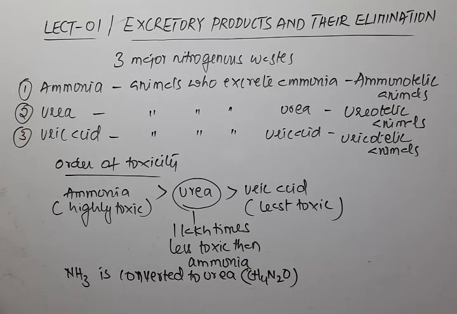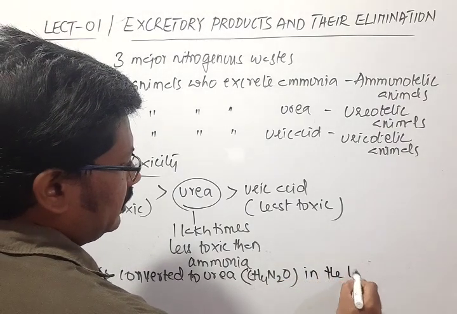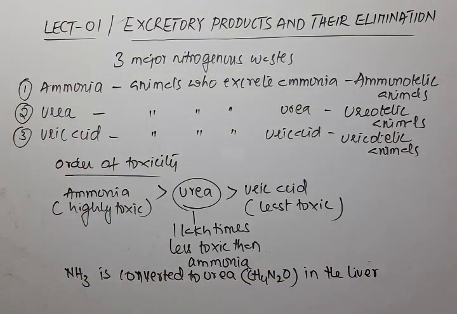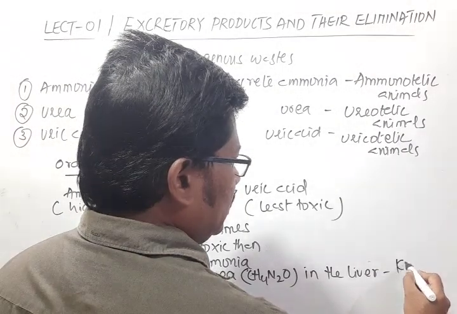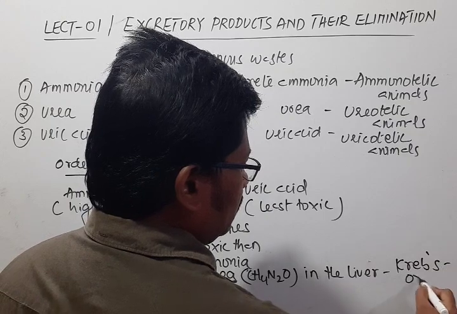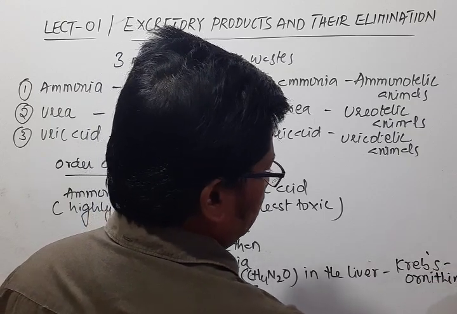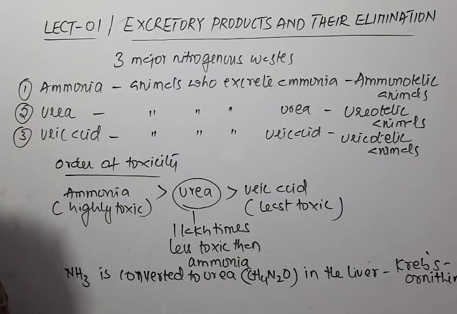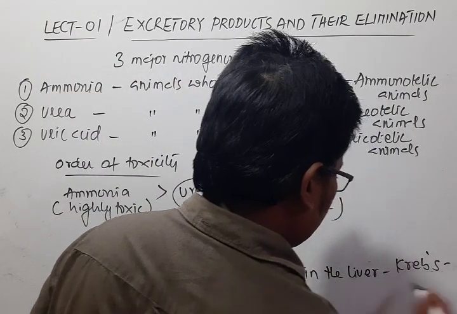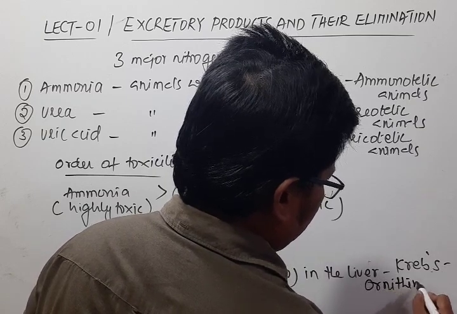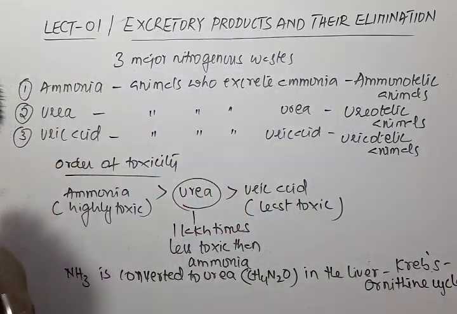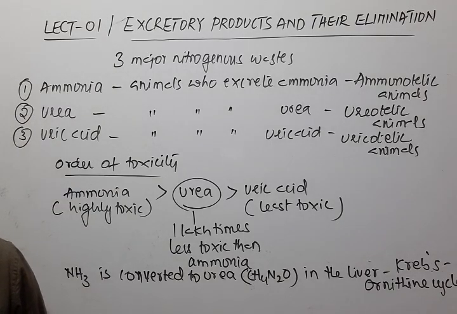So the ammonia is converted to urea in the liver, and this conversion has a name. It is a cycle, and we call it the Krebs ornithine cycle.